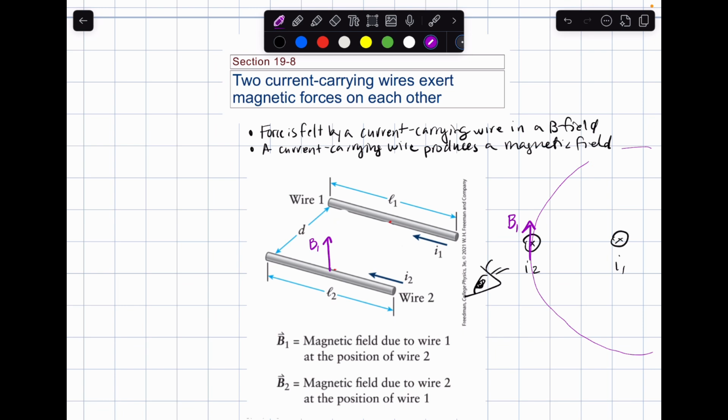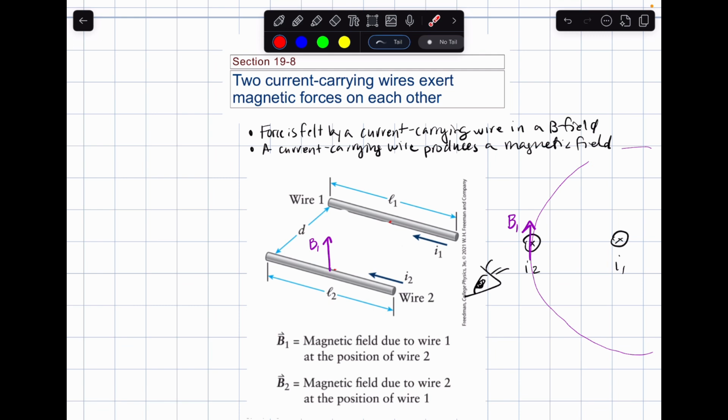So we figured out, okay, great. Wire 2 is sitting in the field created by wire 1. What force does it feel? Well, let's do a second right-hand rule. Fingers in the direction of I2 on my right hand. That means my thumb is going like this. And then I am going to curl it into B1.